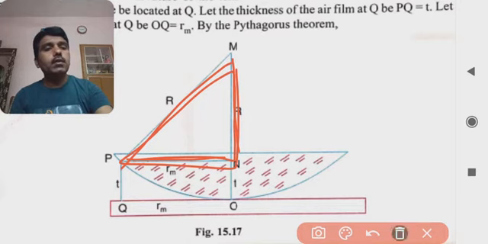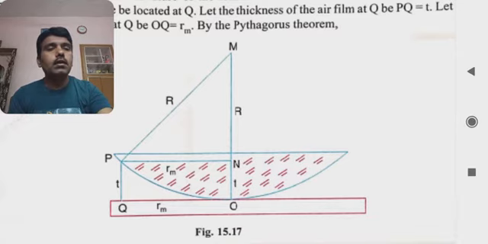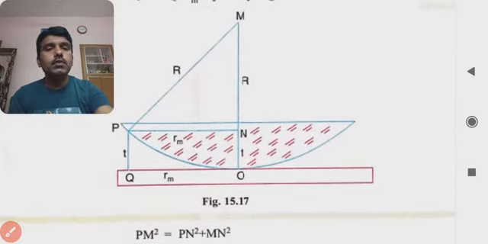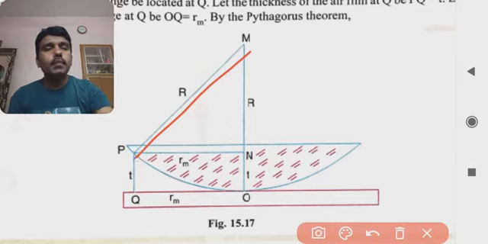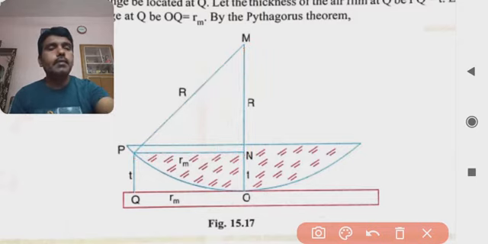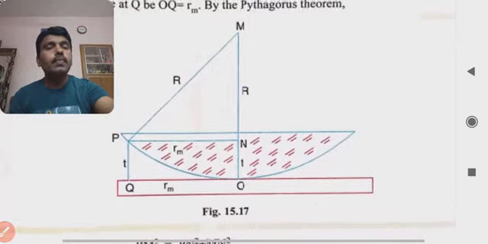Pythagoras theorem, with which we were introduced to geometry: the hypotenuse square is equal to base square plus height square, that is the simple case. And if we implement this Pythagoras theorem here, it gives us PM square. The hypotenuse PM square is equal to base PN square plus height square, that is MN square. So implementing this in this diagram, we have the relationship PM square is equal to PN square plus MN square.